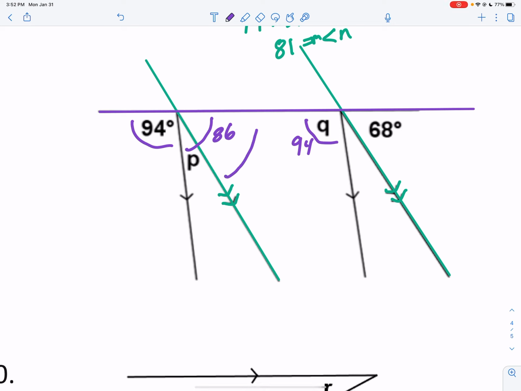This part that goes from the teal parallel line to the transversal is a corresponding angle with the 68 degrees. This corresponds with this. It's hard to see, so I'm going to erase it temporarily. But this part right here is 68. Now this whole thing is, what did I say it was? 86? That whole thing is 86.